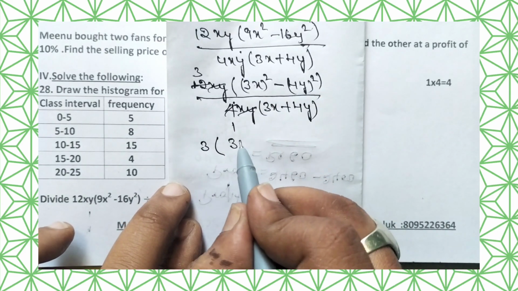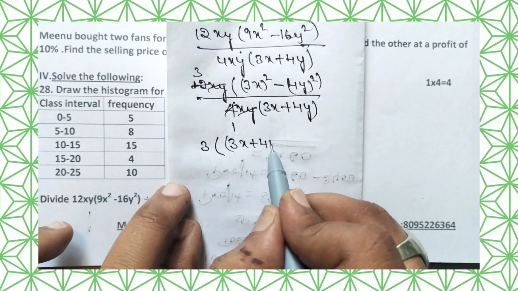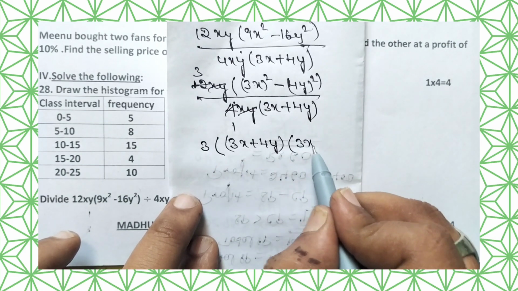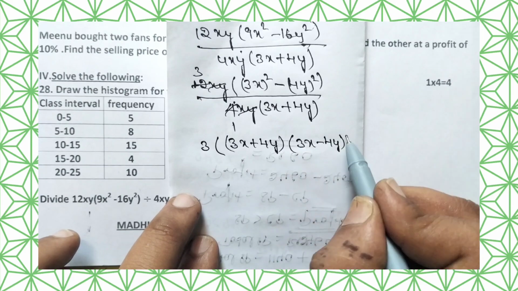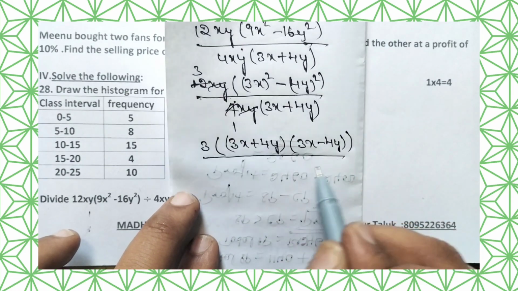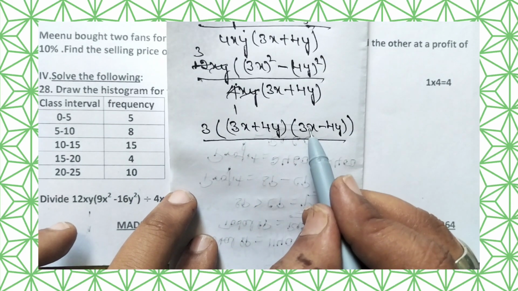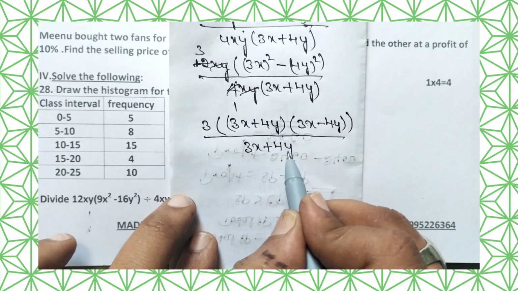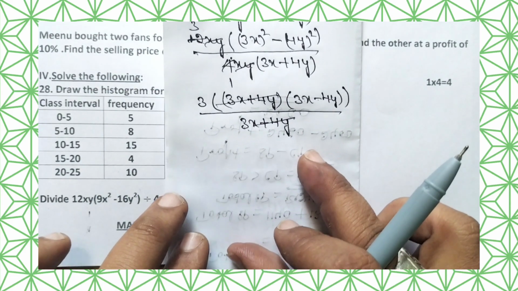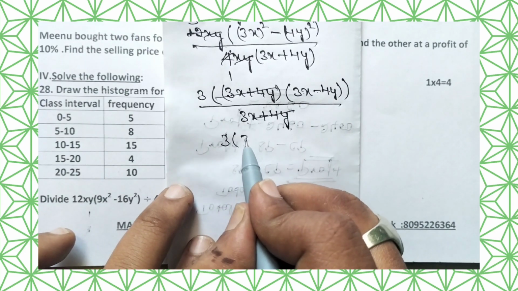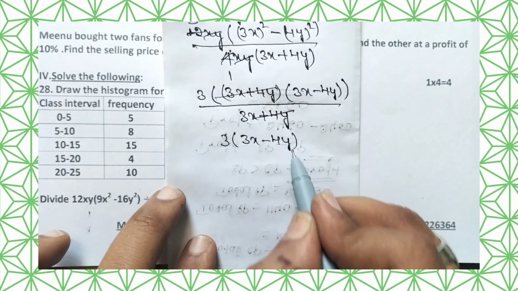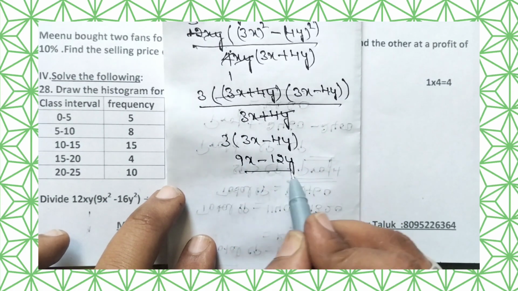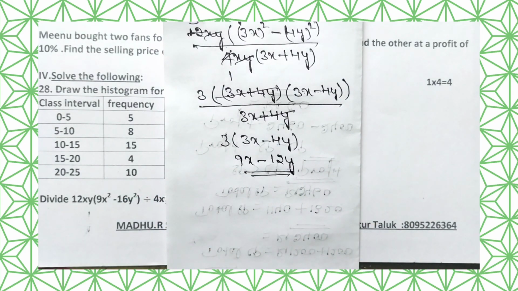So a is 3x and b is 4y: 3x plus 4y into 3x minus 4y, divided by 3x plus 4y. 3x plus 4y will get cancelled. Remaining is 3 into 3x minus 4y. Multiply now: 3 3s are 9x minus 3 4s are 12y. So 9x minus 12y is the right answer for this question.